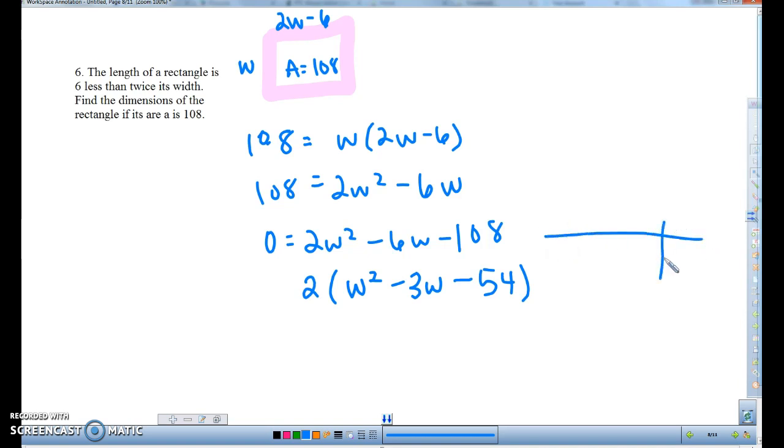I just like to save myself some work, so I'm just going to do factors of negative 54 that sum to negative 3. And when I do this, I know that negative 9 and positive 6 work, so I'm going to factor that out.